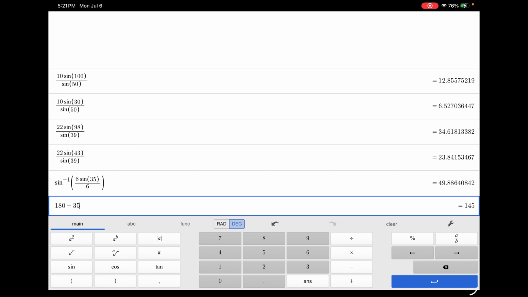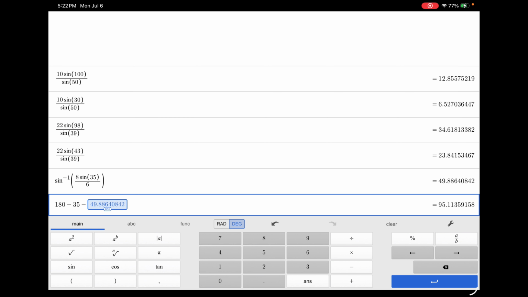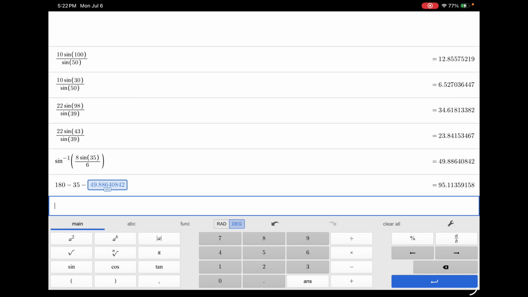Now in Desmos, right by the plus sign, you see this abbreviation ANS, answer. That takes the previous answer that you just got, which was the angle. Okay, that helps me with my rounding. So 95.113, 95.114.